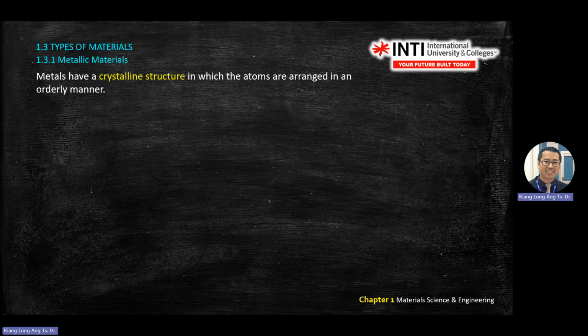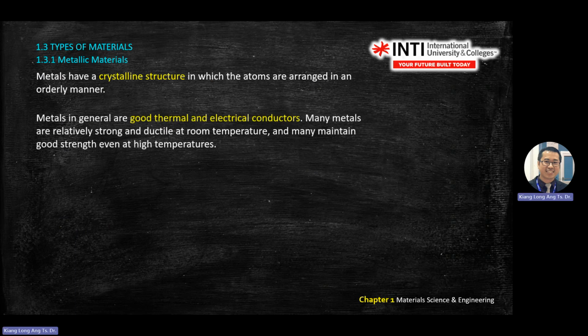So we have non-metal and metal. Right. Now we start to look into metal, because most of the elements that we study in this module will be metal, metallic materials. Okay. So we start to introduce one word called crystalline structure.